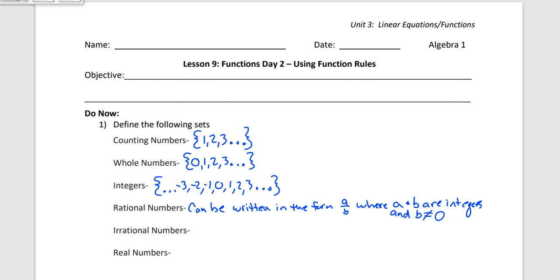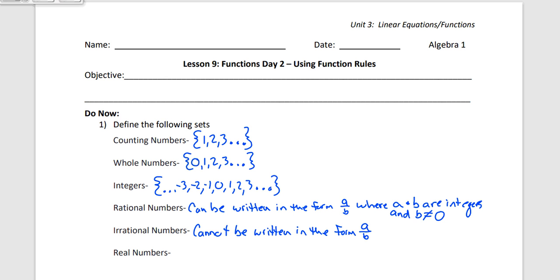Irrational numbers are, I guess, kind of like the opposite of rational numbers. If rational numbers can be written in the form of A over B, that means irrational numbers cannot be written in that form. Things that can't be written in the form of A over B, there's a famous one.